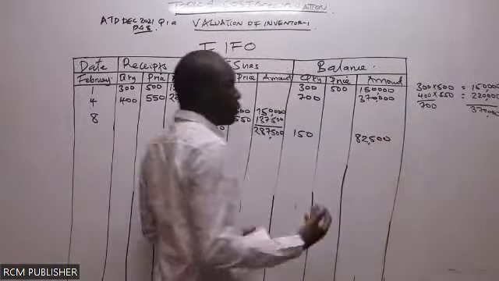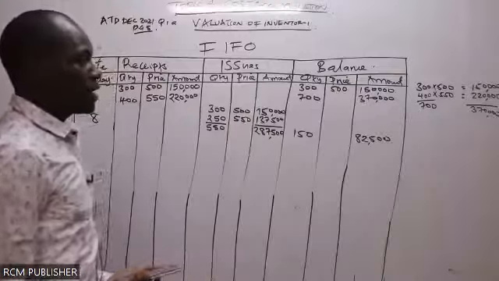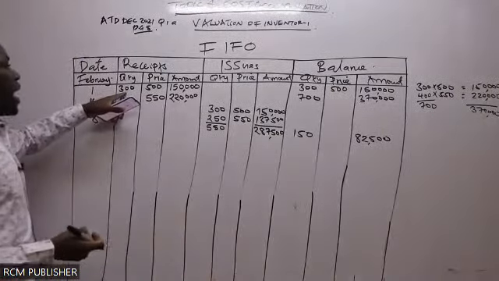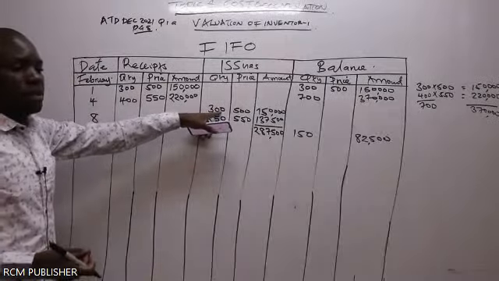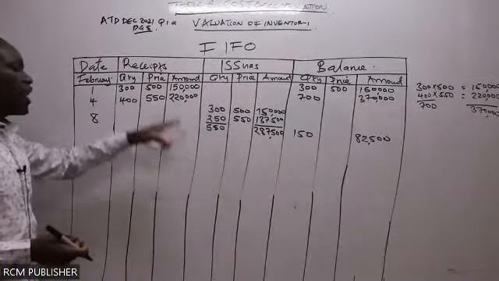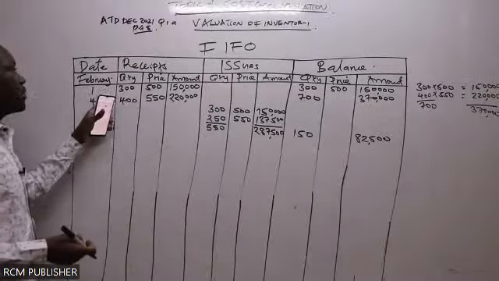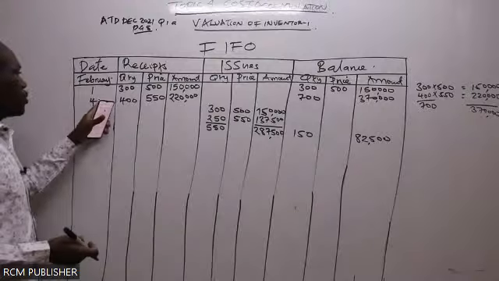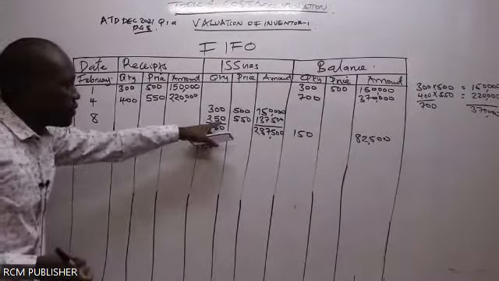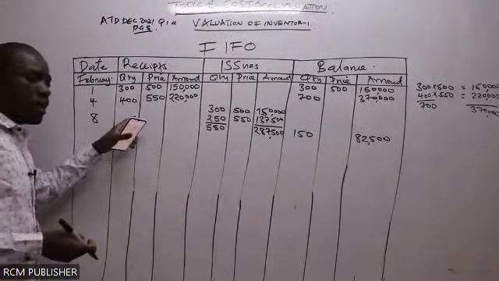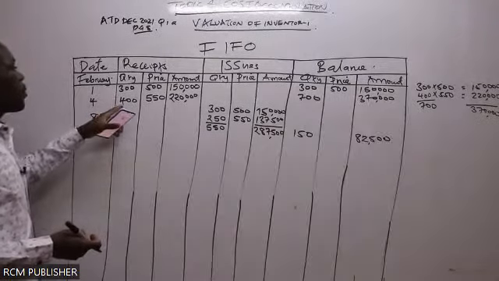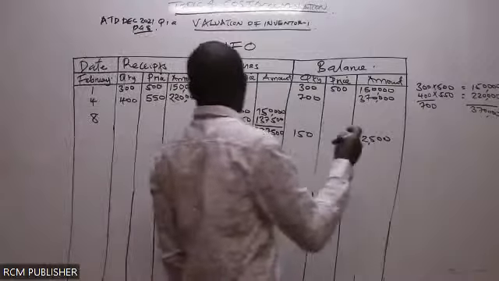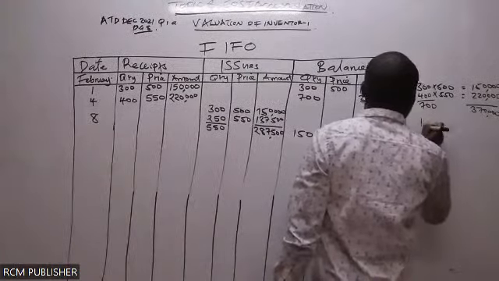Can we prove that it is 82,500? Yes. This 300, I've removed all of it. It has been taken away. So any stock that will be remaining here is this batch, the one that was brought in on 4th. These ones that were brought in on 4th, I've taken away 250. So it means whatever is remaining is 150. And they were brought in at what price? At 550. Can you take your 150?